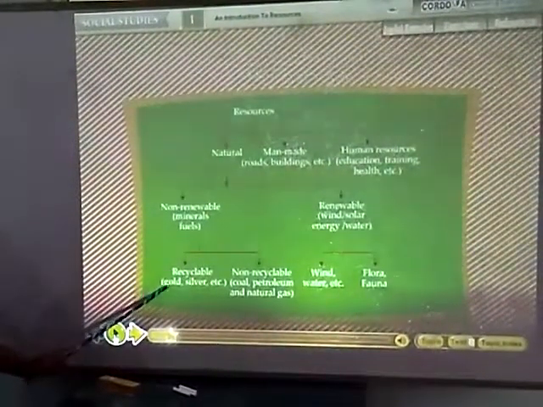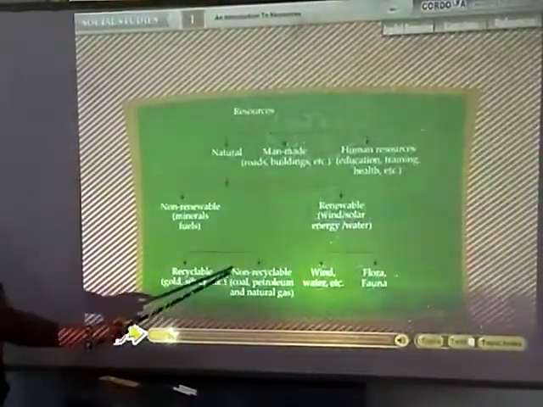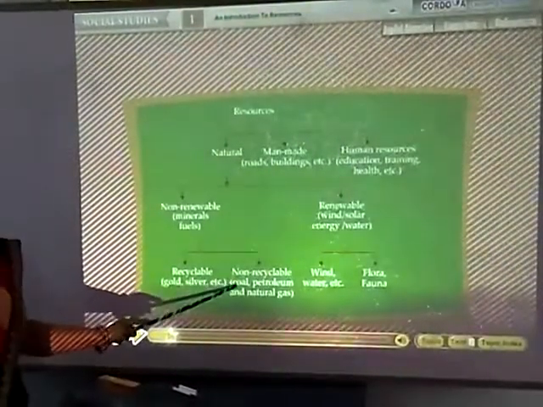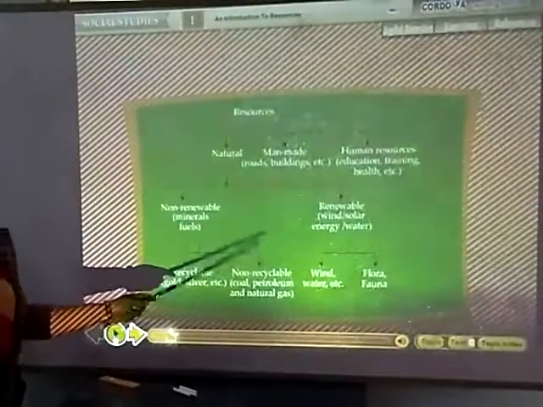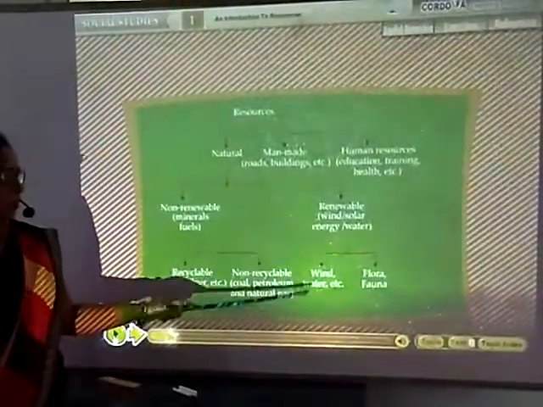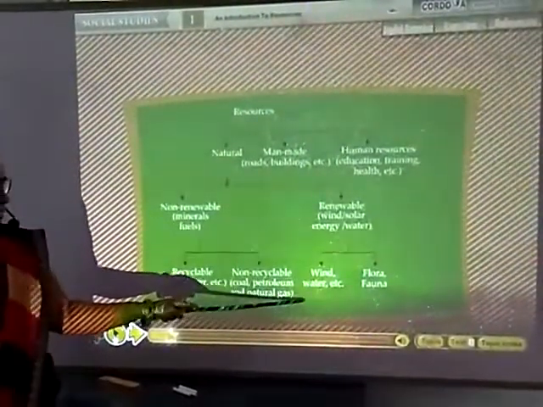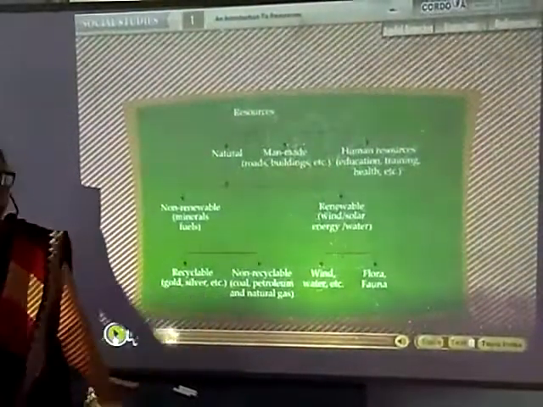Recyclable, for example, gold, silver, etc. Non-recyclable resources, coal, petroleum, and natural gases. And renewable resources are of two types: wind, water, etc., flora and fauna.